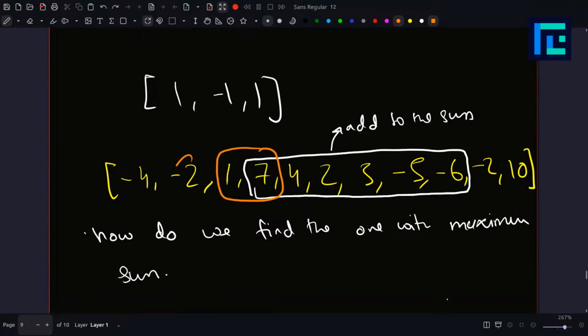Now -2 and 1 is increasing, but -2 just makes our sum smaller. So this is our increasing portion, and this is our decreasing portion. Then we need an increasing portion here as well. We can extend it to 6, -2, but -2 is not the maximum sum. We can extend it even more, till 10.